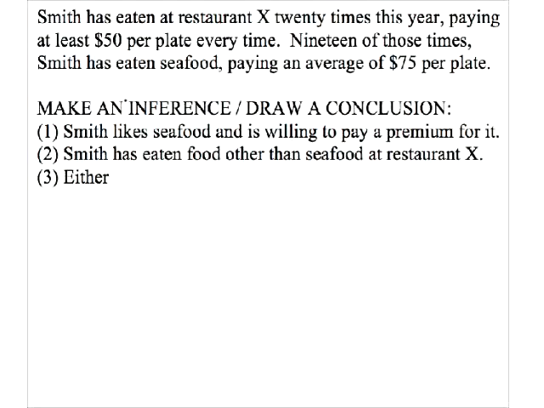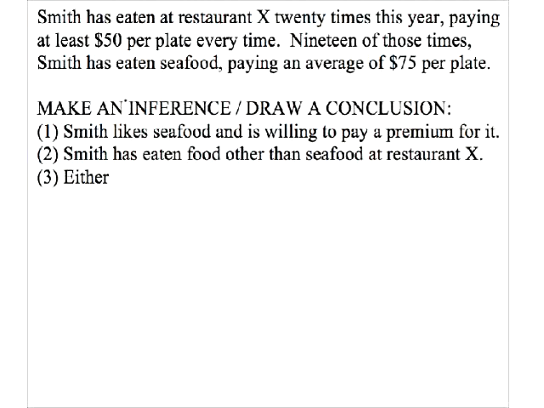I'll wait till you guys can see it. Smith has eaten at restaurant X 20 times this year, paying at least $50 per plate every time. 19 of those times, Smith has eaten seafood, paying an average of $75 per plate.